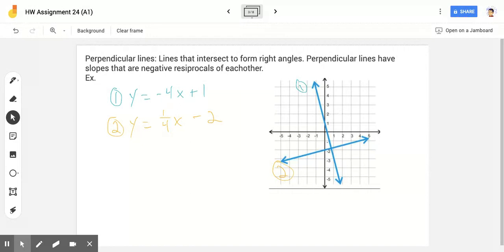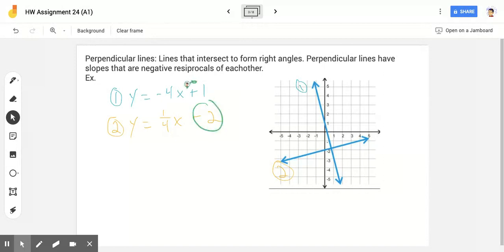So here are the examples. This line number 1 that we have here, the equation that fits that line is y is equal to -4x plus 1. The line that is perpendicular to it has the equation y is equal to 1/4 x minus 2. So their y-intercepts could be different.